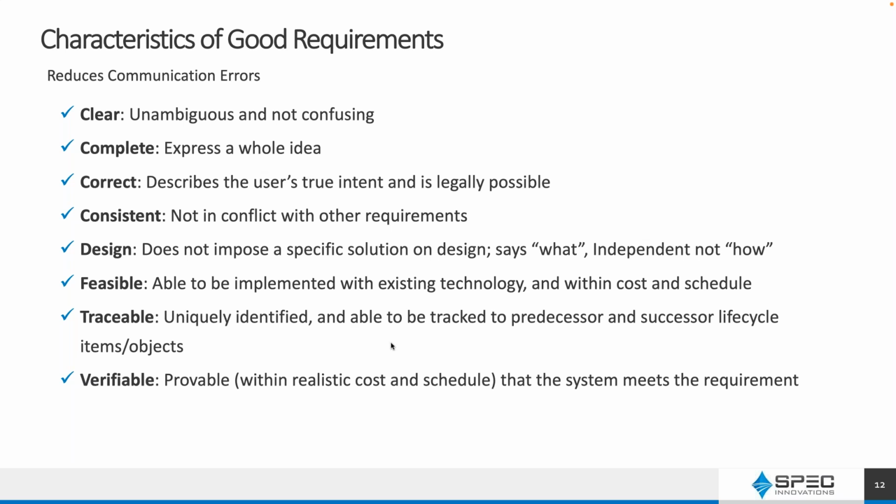So again, all these now, the Innoslate artificial intelligence software, right? And again, we use NLP for that. We do clear, complete, consistent, design, traceable, verifiable. The two we can't do automatically are correct, is it legal, and feasible, is it possible.